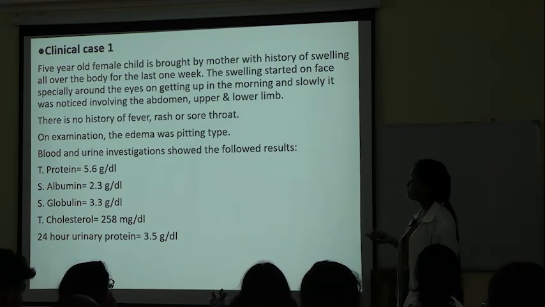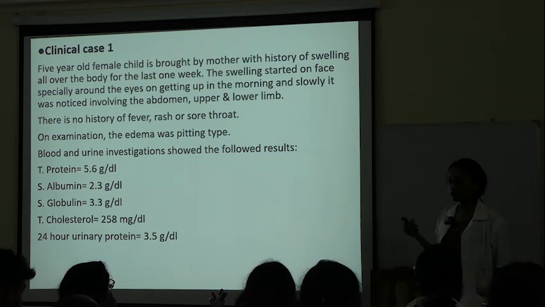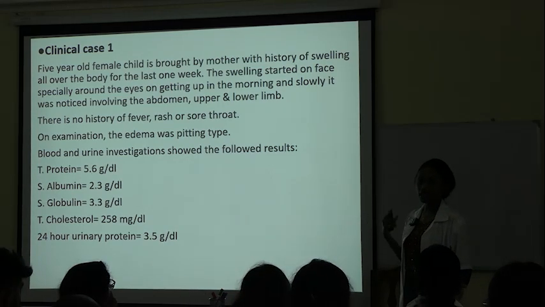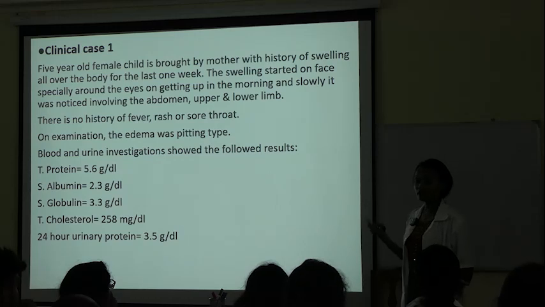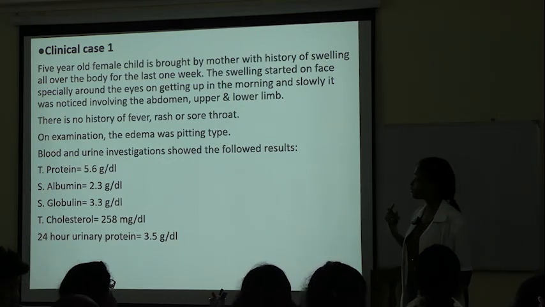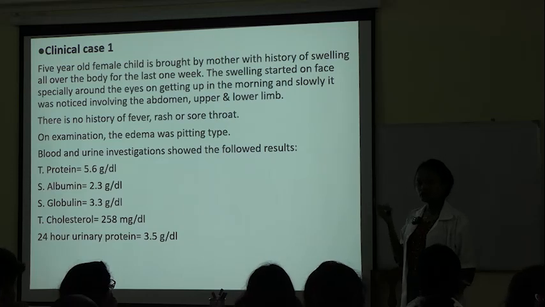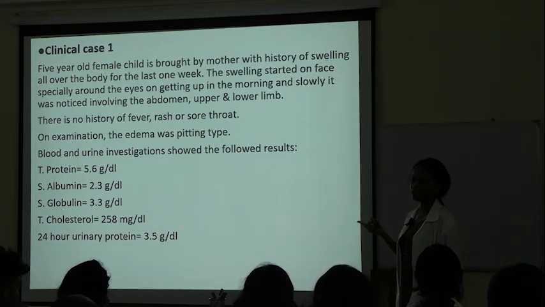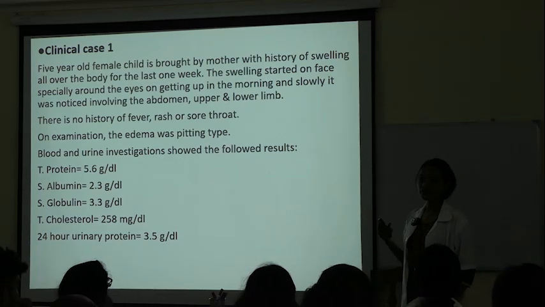In nephrotic, the glomeruli are not able to filter the albumin properly, and in nephritic, the glomeruli are not able to filter the red blood cells properly. So in nephrotic, you can see the edema and the hypoalbuminemia, and in nephritic, you can see blood in the urine.